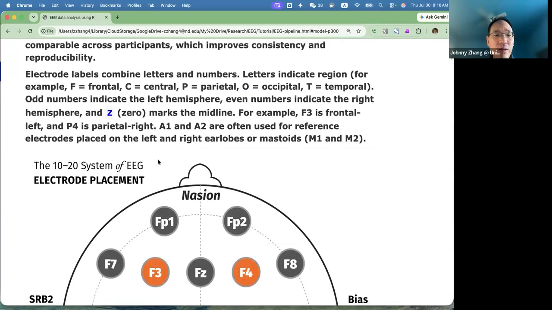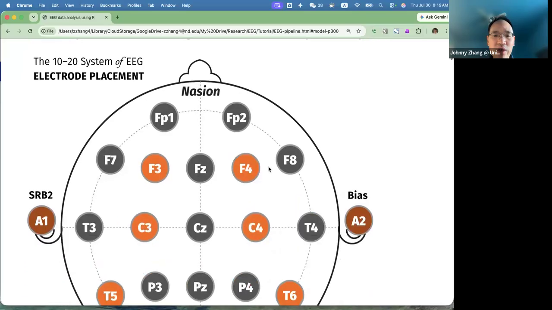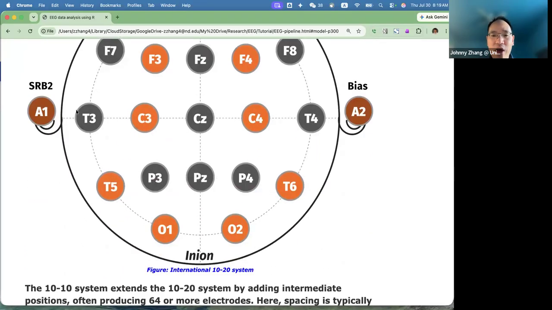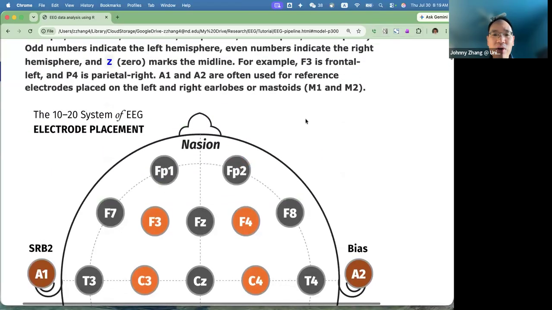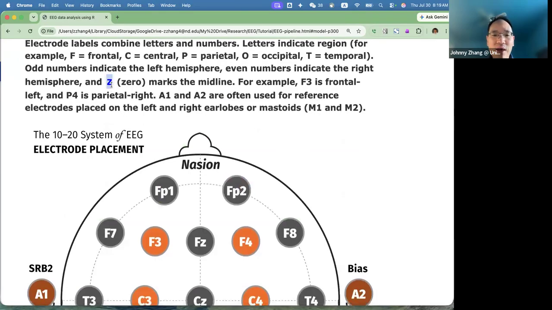Then we can label electrodes combining letters and numbers. The letters indicate the regions of the brain, like the frontal, the back, or the temporal areas. And then we use numbers together with the letters. Z means the midline of the head.